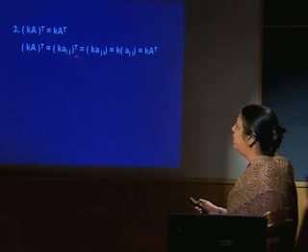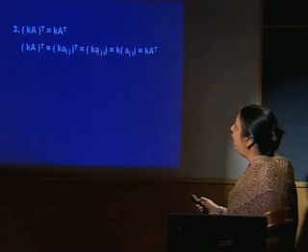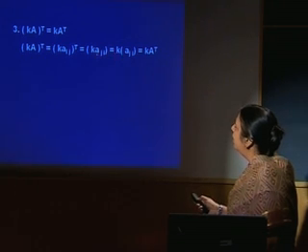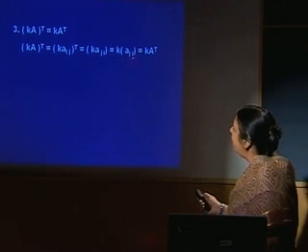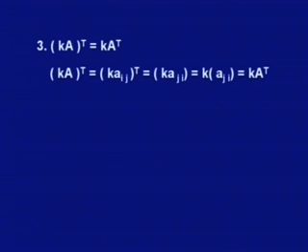Then (k Aij) transpose is equal to k, which is a scalar. So, nothing will happen to this, but Aij will become Aji as we take the transpose, and this can also be written as k multiplied by Aji. I am taking k outside because this is common for all the elements. So, finally, what we have is k A transpose.